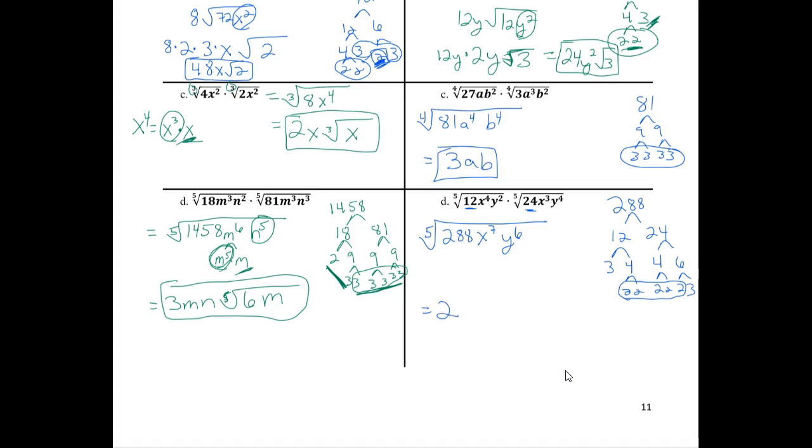As far as the variables go, I have x to the seventh. That's not to the fifth power. It's not a multiple of 5. I have to rewrite it with a multiple of 5. So x to the fifth is the closest multiple of 5. That means that I would have 2 x's left over. So x to the fifth times x squared gives me that x to the 7th I started with. Same thing with the y.